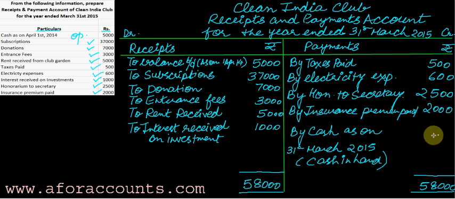How much is it? It comes up to 52,400. 52,400 is your balancing figure.